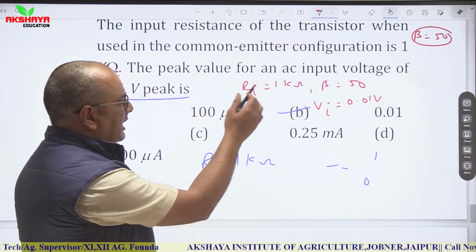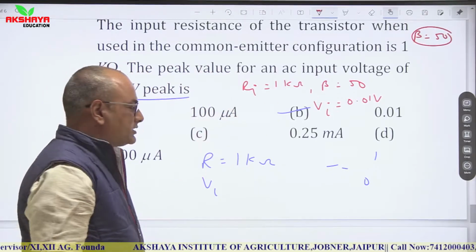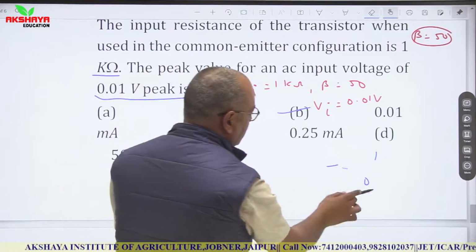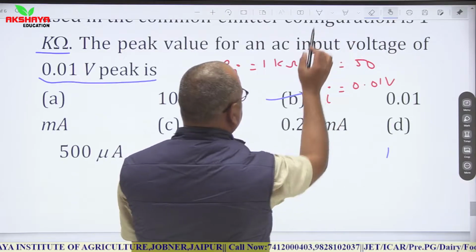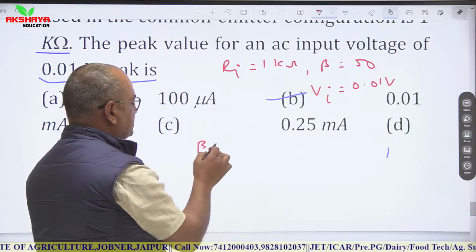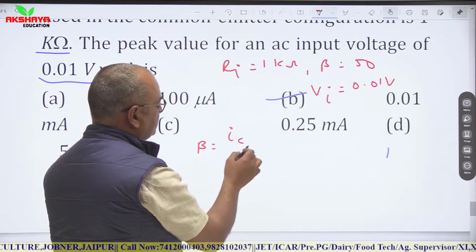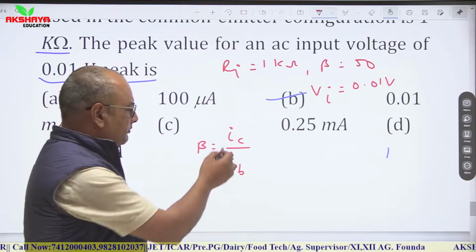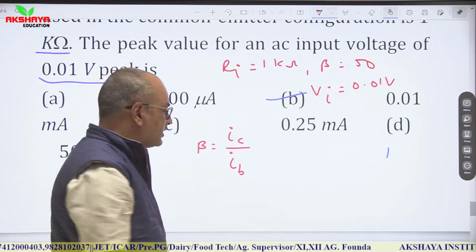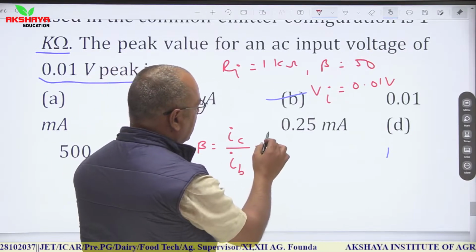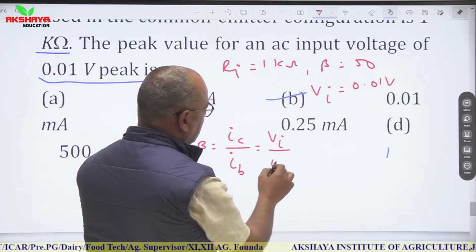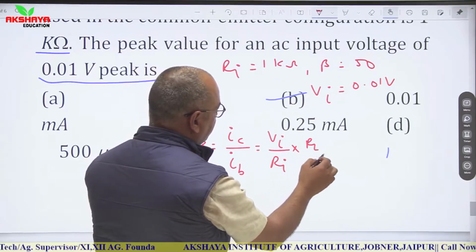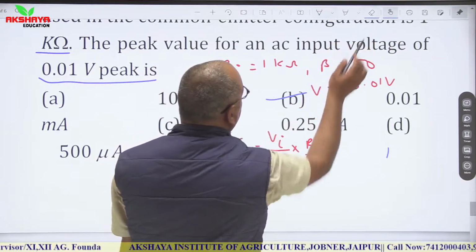So RI, beta, and VI are given to us. We will use the relation. We know that beta is equal to IC upon IB, or we can say del IC upon del IB. Here I is equal to V upon R, so it is VI upon RI, and the output current is VO upon RL.